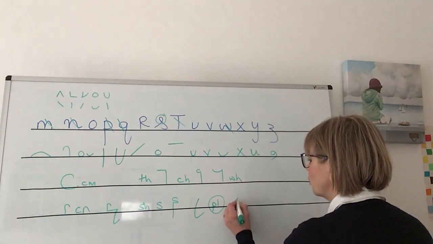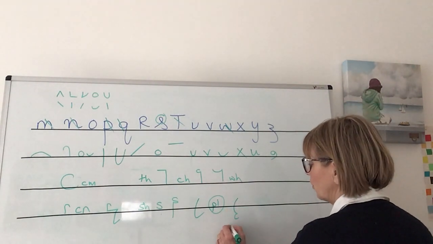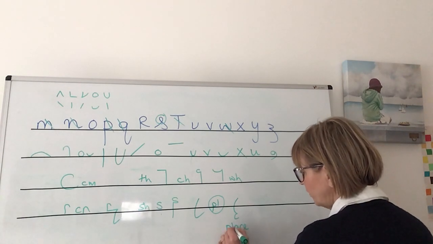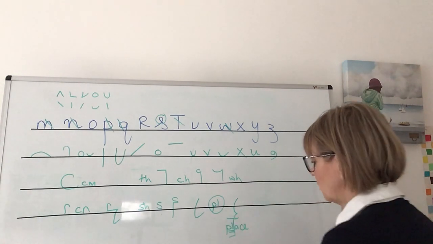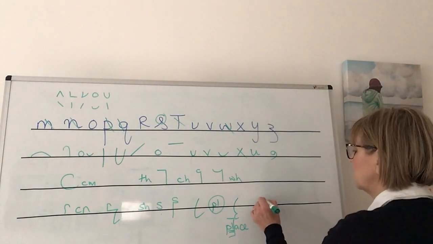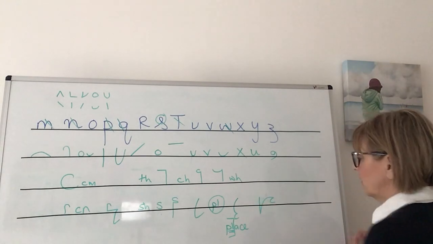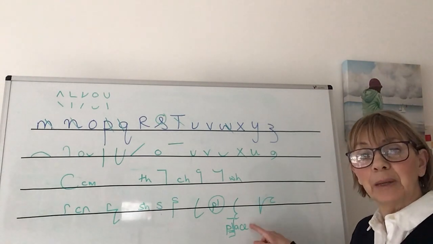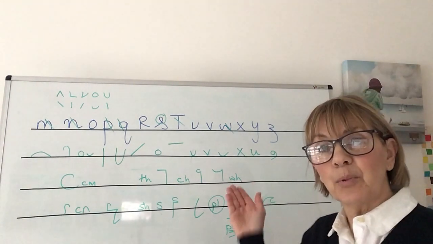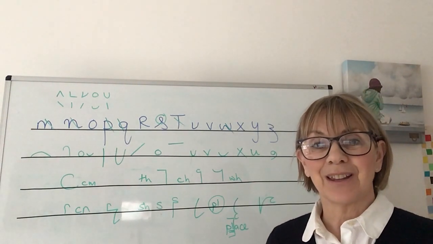And that shows you when there's a vowel and when there isn't. So this is place, and the P and the L come together. But if I wanted palace or police, then I write the P and the L in full. And here you can see I've written an upward L just because it's easier to write that way.